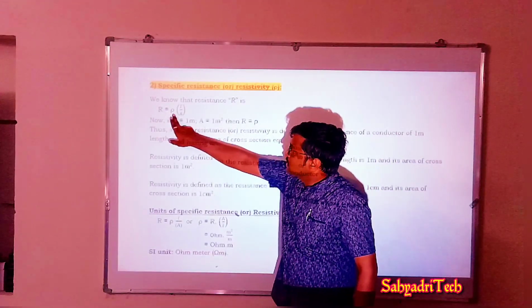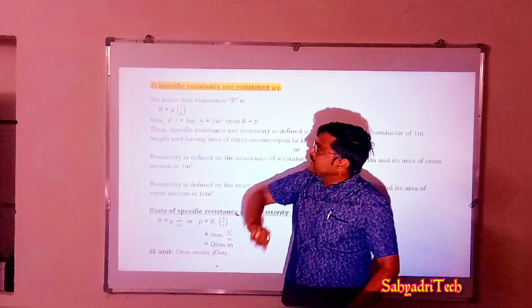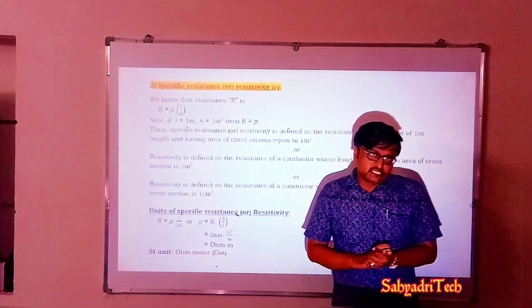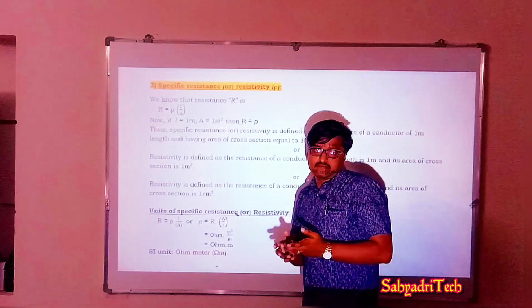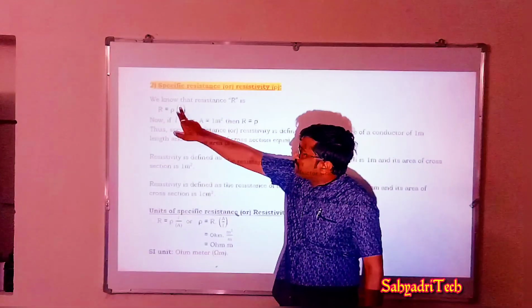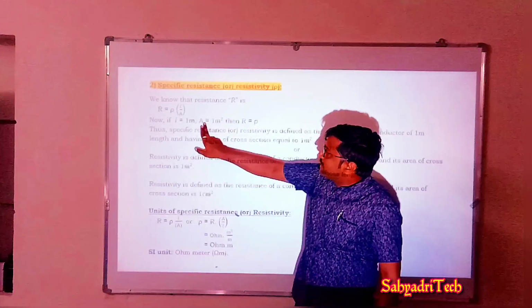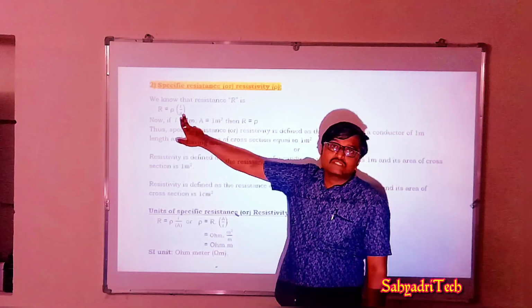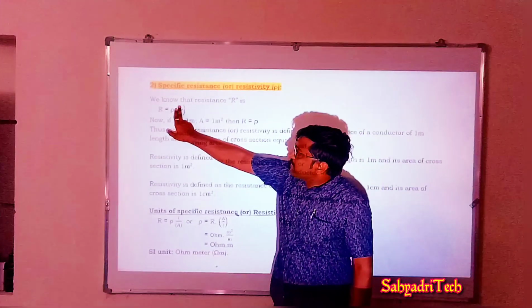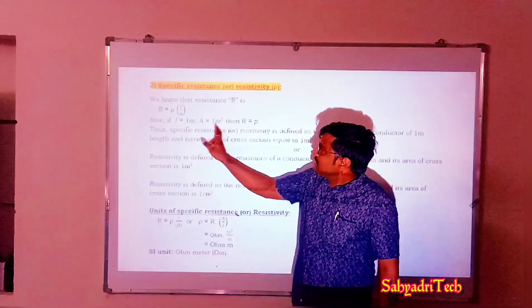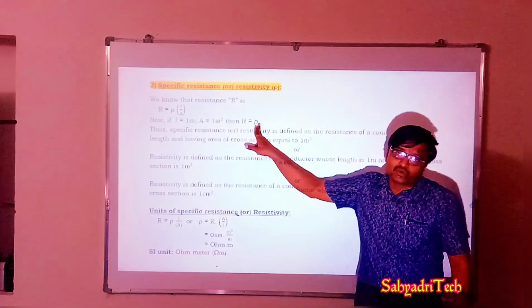Now we go for a consideration here. Suppose length is taken as 1 meter and the area of cross section of that conductor is 1 meter square, then what happens? If L is equal to 1, A is equal to 1, R becomes equal to rho.